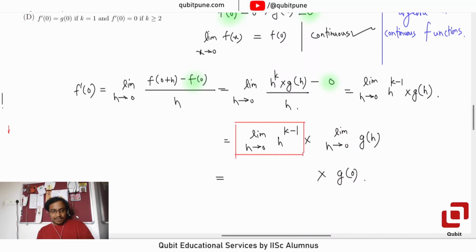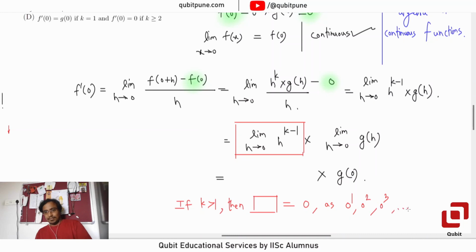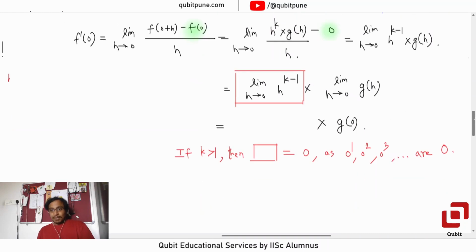Here we consider two cases. If k is greater than 1, then this is equal to 0, like 0 raised to 1, 0 raised to 2, 0 raised to 3, they are all zeros. So that is 0. But what about k equal to 1?